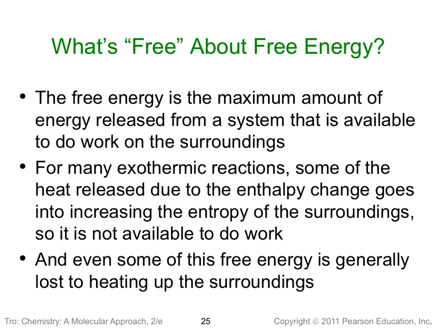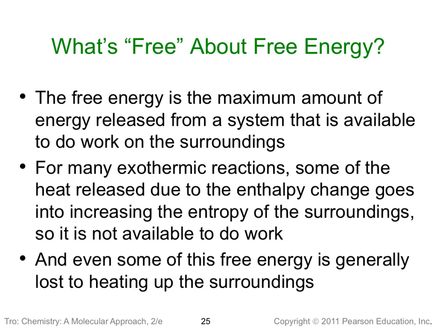So, what's the free about free energy? Well, it's the maximum that can be released from a system, right? And in a lot of exothermic reactions, the heat released goes into the entropy of the surroundings, so it's really not available to do much work. And even if some of that free energy is lost to heating, then it's not able to be used.